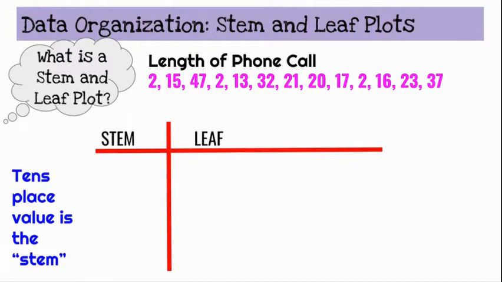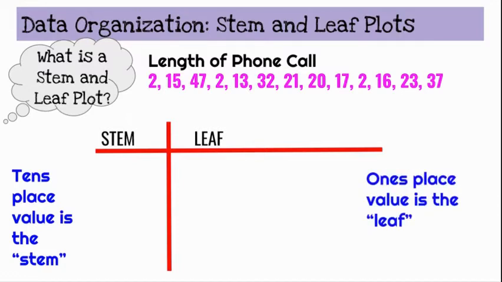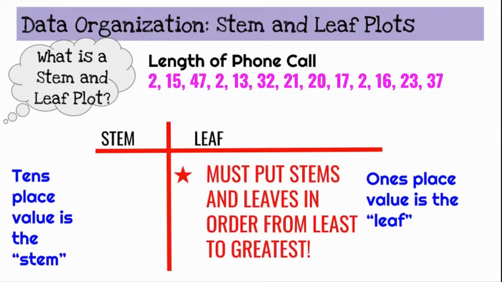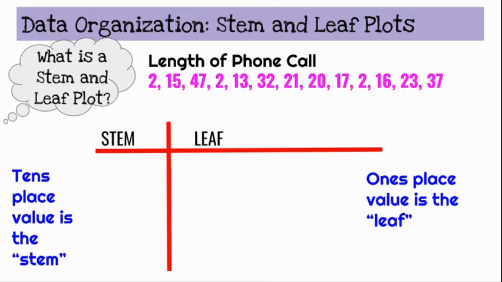But for this example, your stem is your tens place value. Your leaves then are going to be your ones place value in all of those numbers. So you're essentially breaking those numbers into the tens place and the ones place and then organizing them. One of the most important things to remember about organizing them is you have to put both your stems and your leaves in order from least to greatest.